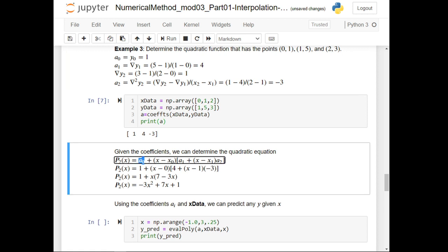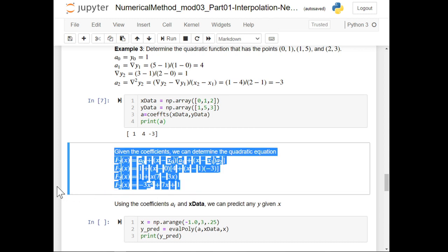Given a0, a1, and a2, if we analyze and simplify this equation, we get this quadratic equation.